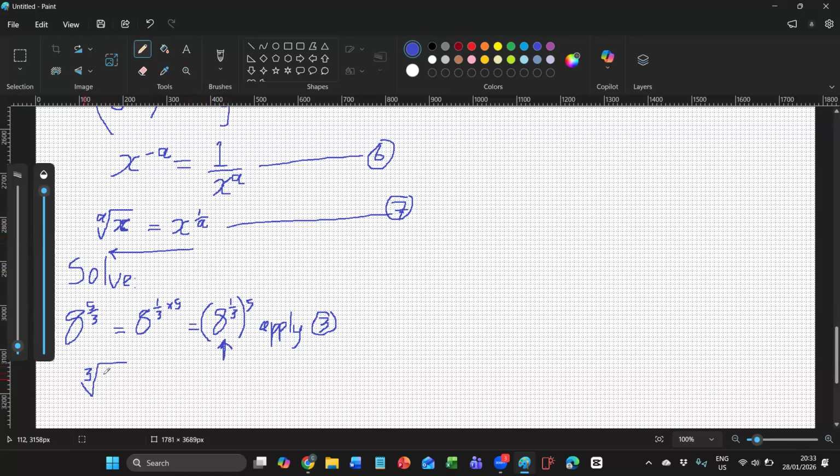Cube root of 8, put a bracket around it, and raise it to the power of 5. Did you see that? I just applied law 7. Okay, good.